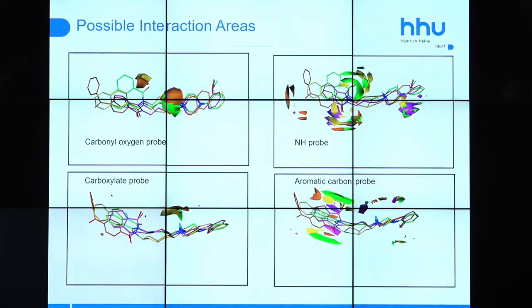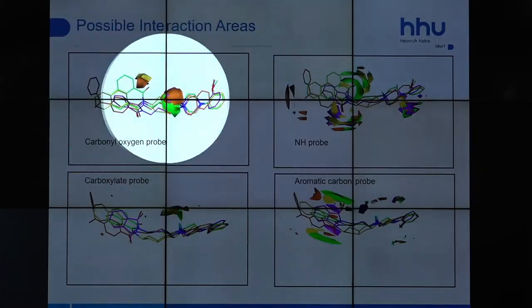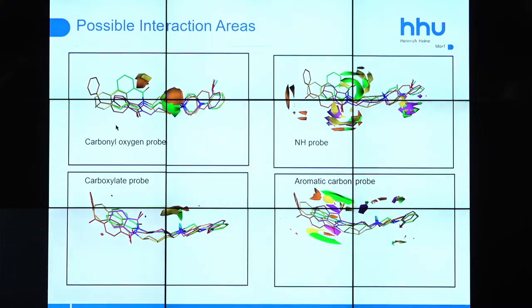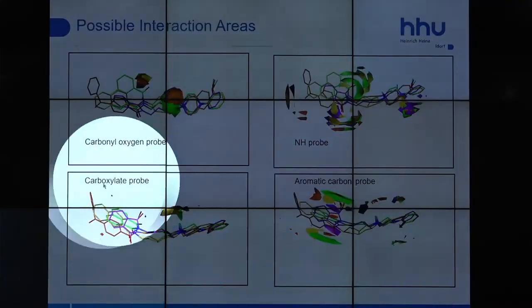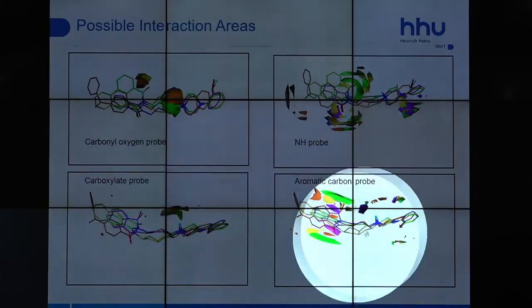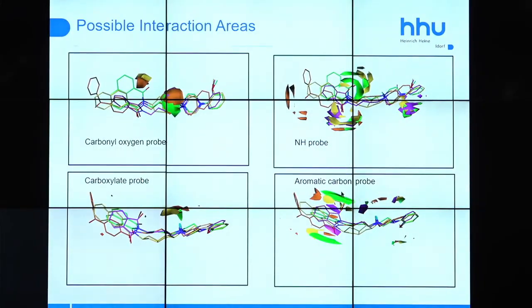What they are doing, for example, is they put on your molecule a carbonyl oxygen probe. They take this three-dimensional structure, put on all possible positions an oxygen, and measure the interaction and the binding properties between the different structures. They will do it, for example, with a carbonyl oxygen probe, an NH probe, where you have other interaction, maybe more hydrogen bonding donor possibility, a carboxylate probe for ionic structures, or an aromatic probe for lipophilic interaction with a different structure.